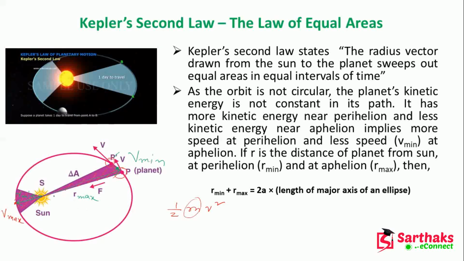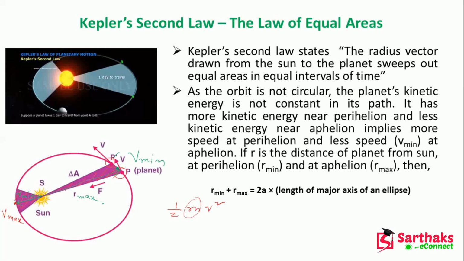So r min plus r max equals twice a, the length of the major axis of an ellipse.